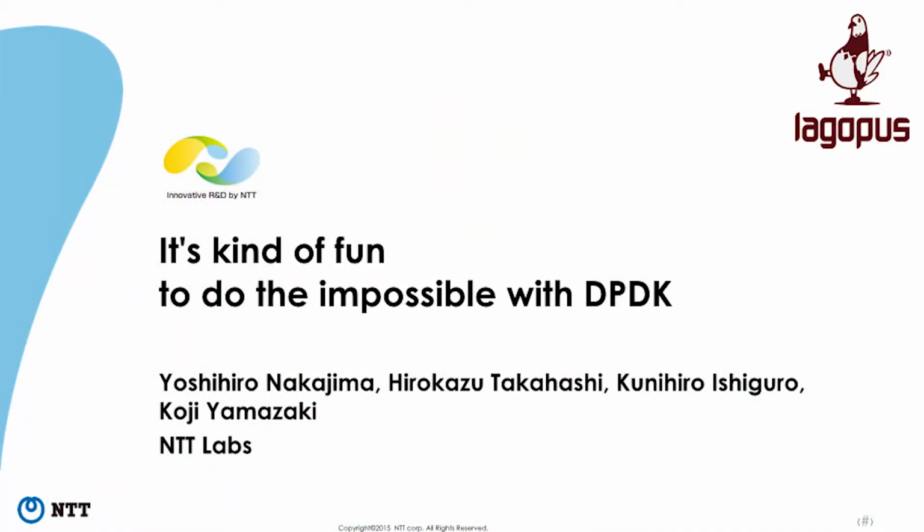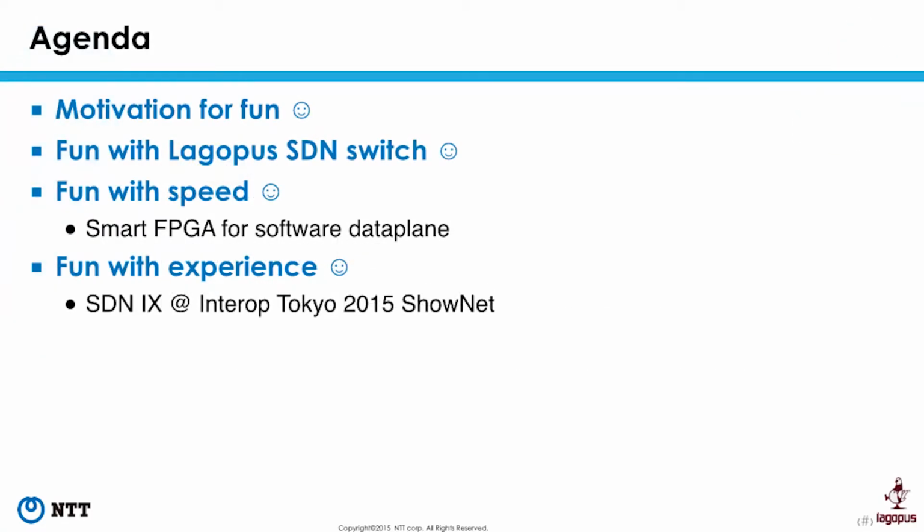So I'd like to talk about our project to enable SDN for high performance switching using the DPDK libraries. Okay, so today's agenda is here, and we'd like to talk about the motivation and our project, called Lagopus.